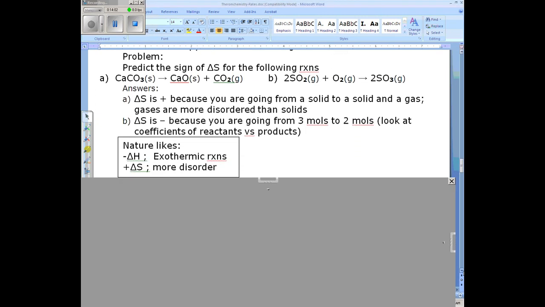Okay, so nature likes negative delta H, exothermic reactions, especially if that's a big exothermic reaction, and positive delta S, more disorder.